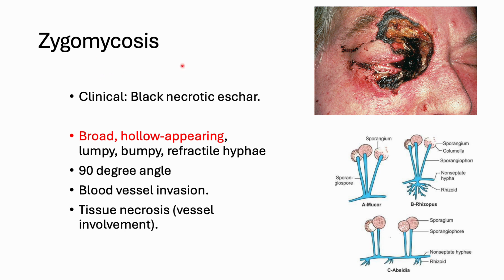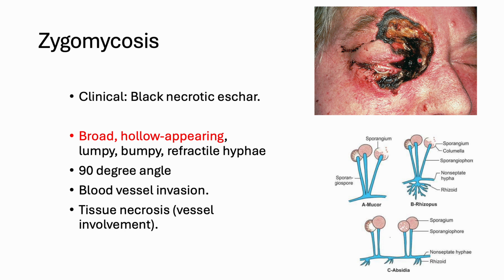With zygomycosis, the common scenario is the patient is severely diabetic and happens to be leukemic or neutropenic. Then the patient has a fast-growing ulcer with a black necrotic eschar on the top. And clinically, they are suspicious for deep fungal infection.